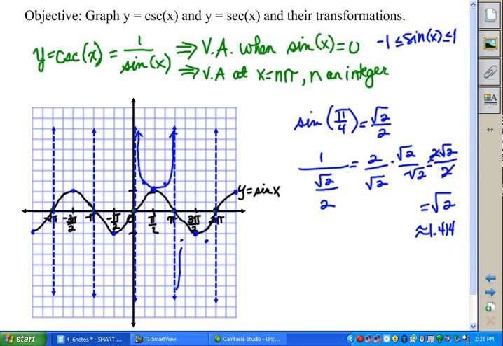So the period of cosecant is still 2 pi. But the easy way to do that is to know where the peaks and valleys of sine occur, and that's going to give you the peak and valley of the cosecant.